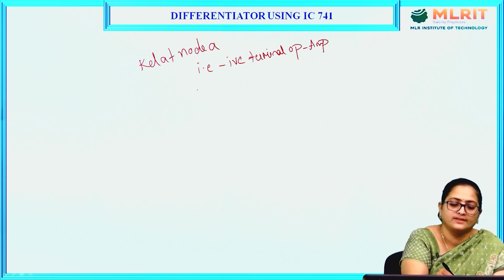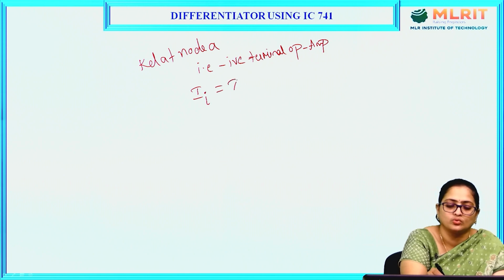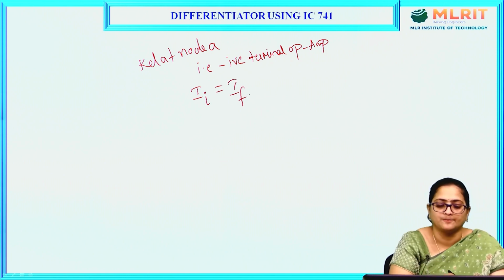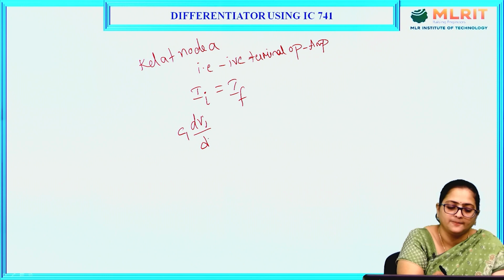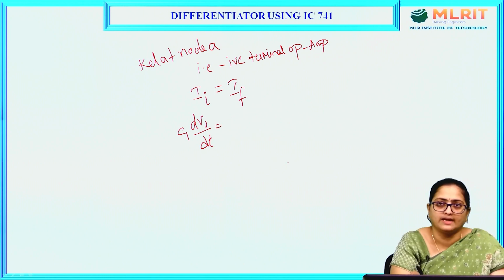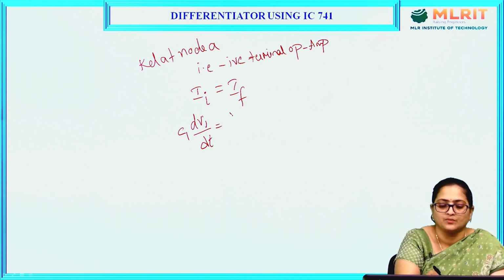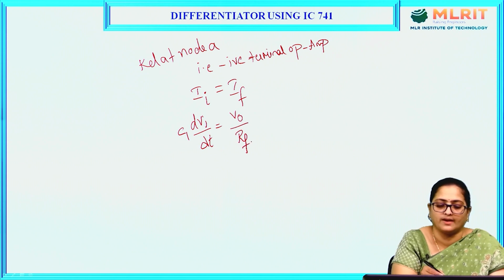we got the current across the capacitor, which is IC, is equal to the feedback current. So the current across the capacitor, we got it as C1 into dVi by dt, and the feedback current, we got it as minus V0 divided by RF, the feedback resistor.